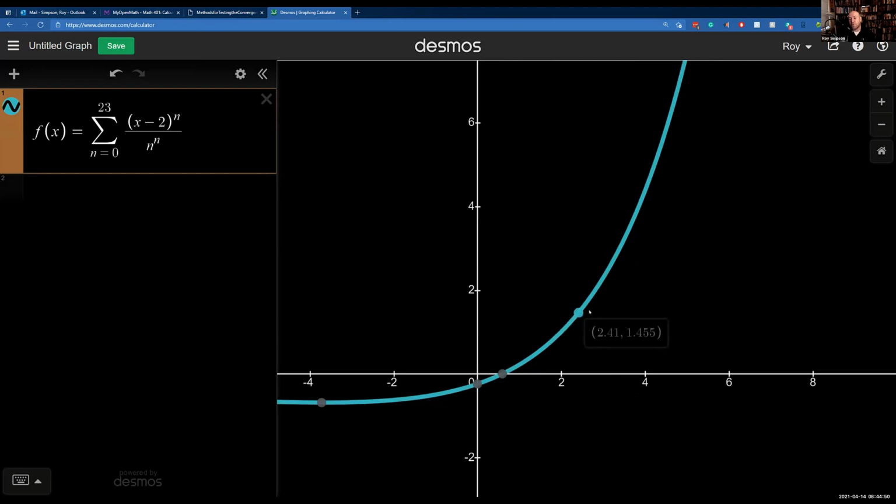However, it starts to lose accuracy as you move away from x equals 2. Now, again, I'm not 100% sure what this function actually is. Power series, you generally can't tell what their original functions are if somebody just hands you a power series. But such is life.